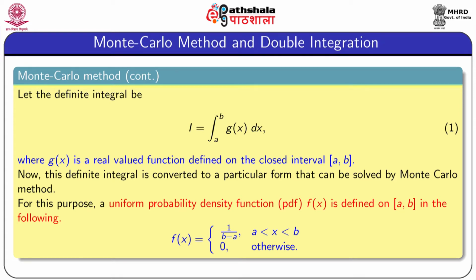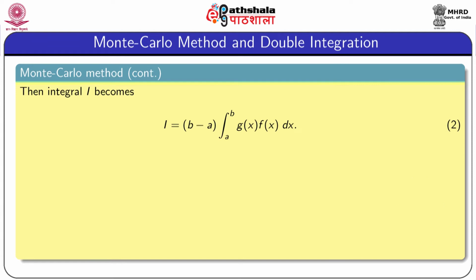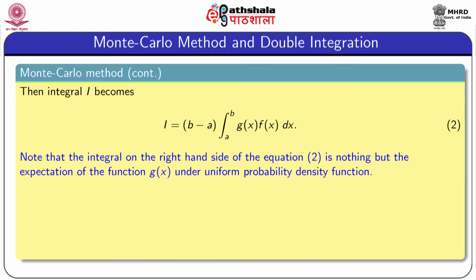Using this concept the given integration becomes I equal to (b minus a) times the integral from a to b of g(x) f(x) dx. Note that f(x) is nothing but 1 by (b minus a). Note that the integral on the right hand side of equation 2 is nothing but the expectation of the function g(x) under the uniform probability density function.